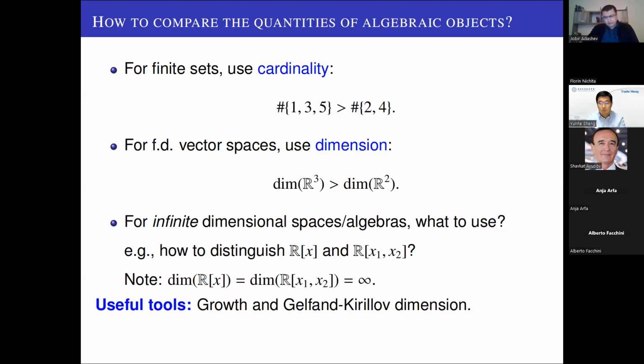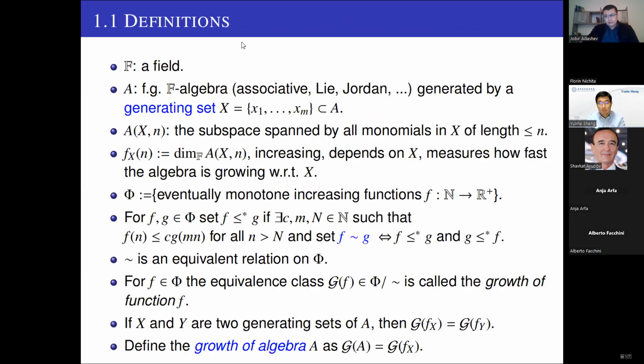So in this case, we have some useful tools, for example, the growth and the GK dimension. Okay, let's see some definitions.